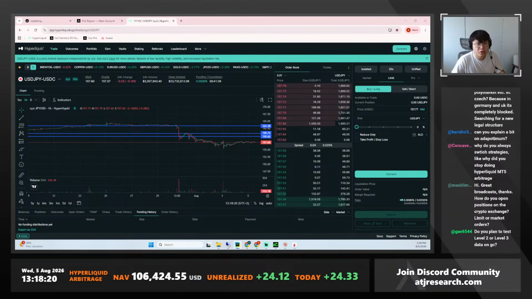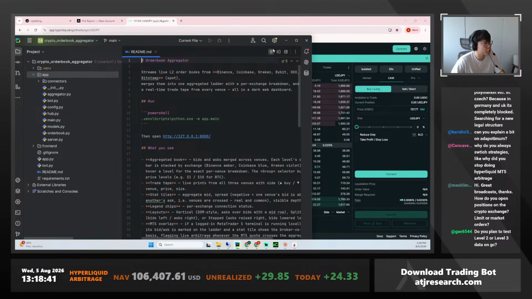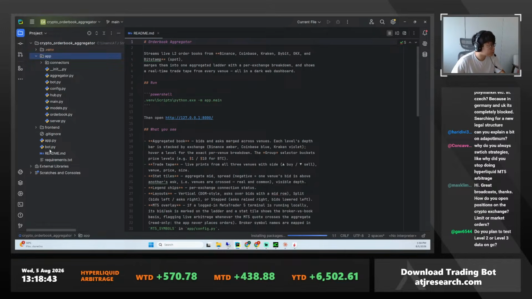It's a crypto order book aggregator that I was working on this weekend. During the weekend, the markets are closed, right? But the crypto exchanges are open. So I was thinking, how about I try to develop some strategies over the weekend and do something new and exciting, like order flow trading, or looking at level 2 data and creating an order book aggregator.